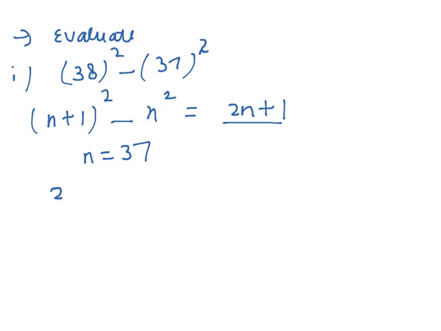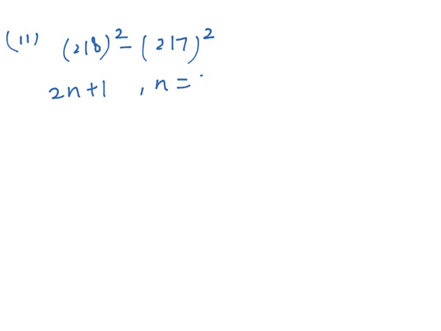So here it will come as 2 times 37 plus 1. So 2 times 37 is 74 plus 1, that will give 75. So by using the formula, the calculation becomes much easier. Next, if we have 218 square minus 217 square, here also we will use the same formula, 2n plus 1.